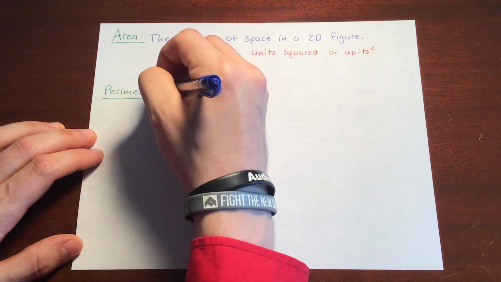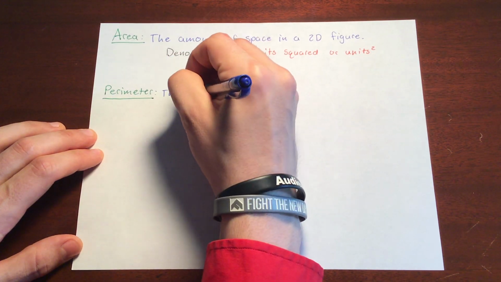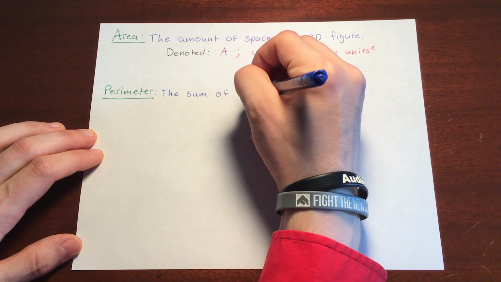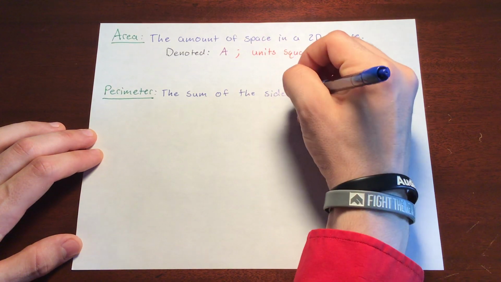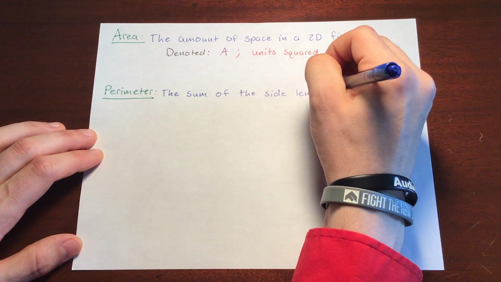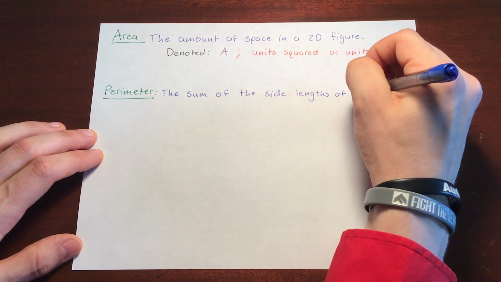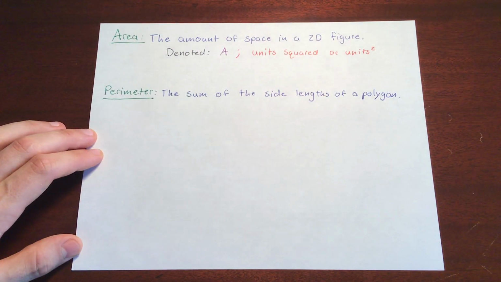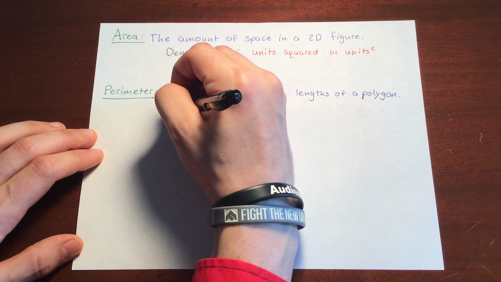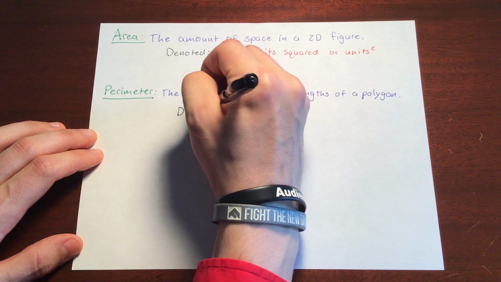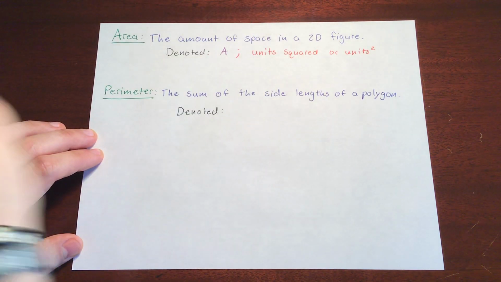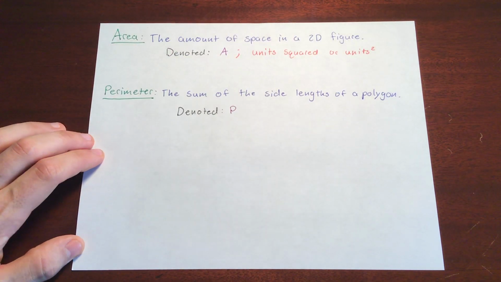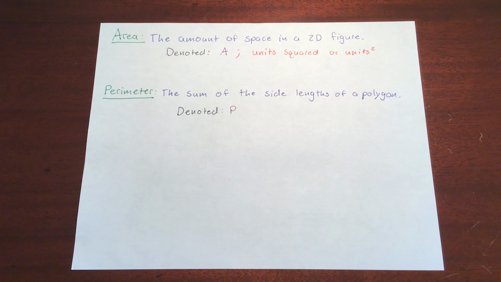Perimeter is the sum of the side lengths of a polygon. Perimeter is denoted by a capital P.